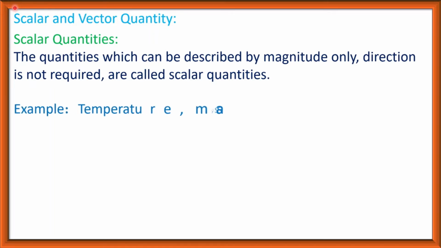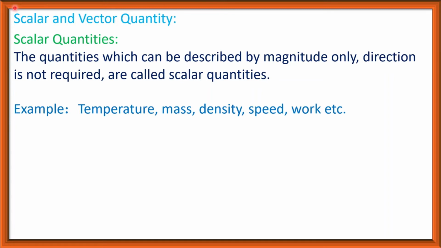For example, temperature. We can measure temperature, but we only have to mention the magnitude of the temperature, not a direction. For example, 30 degrees Celsius or 250 Kelvin. We need only magnitude, no direction.